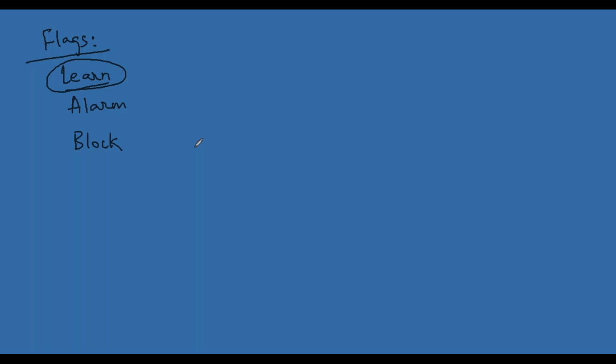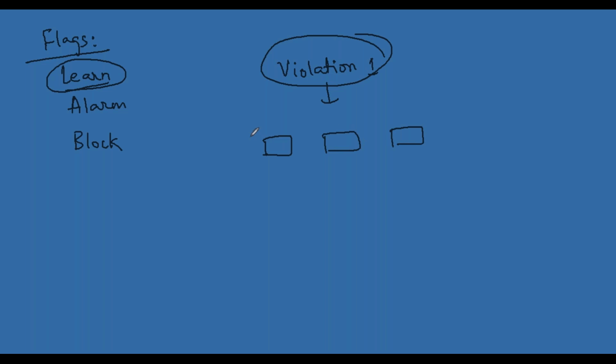So let's consider one specific violation, let's say violation 1. It would be something like this: learn, alarm, and block. With respect to this violation, all these three settings would be available.